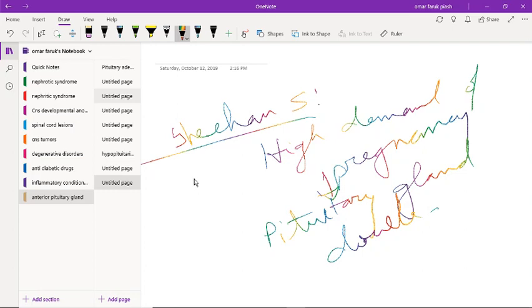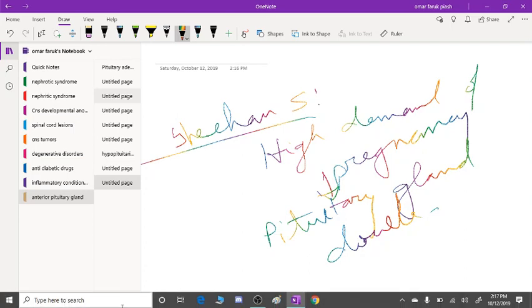When there is excess bleeding during parturition, it causes the pituitary gland to undergo infarction, leading to Sheehan syndrome.